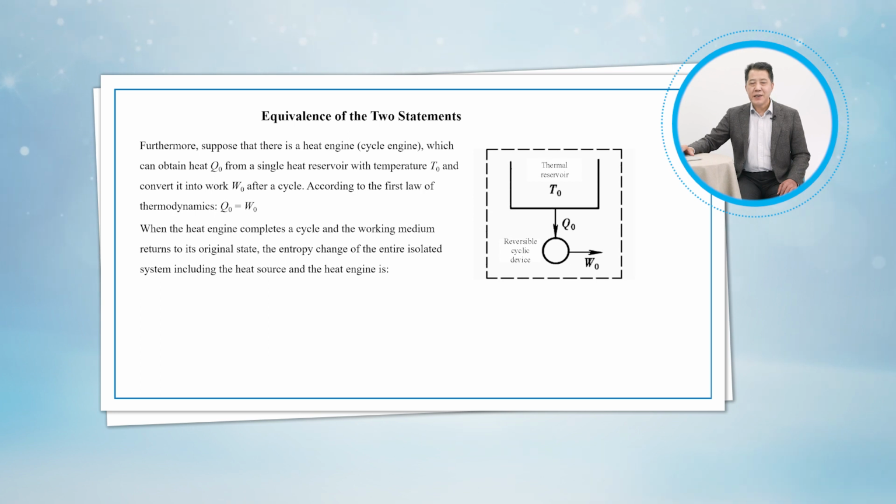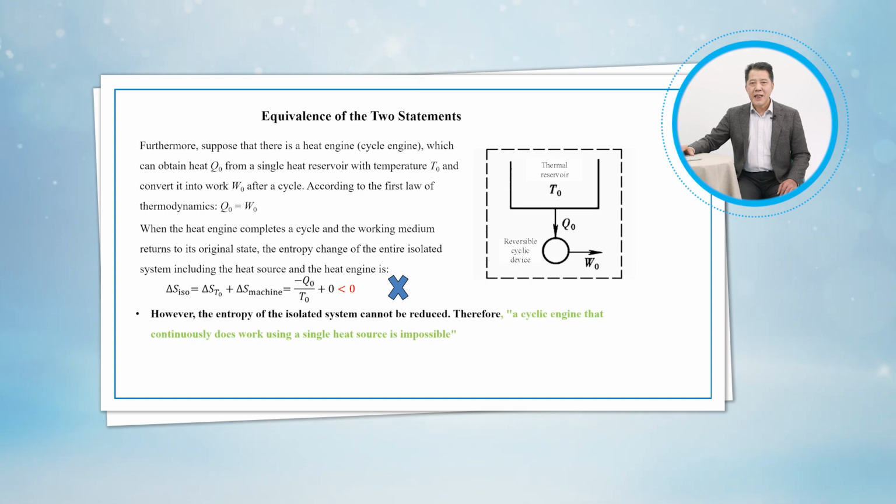When the heat engine completes a cycle and the working medium returns to its original state, the entropy change of the entire isolated system, including the heat source and the heat engine, is less than 0. This violates the increase of entropy principle.